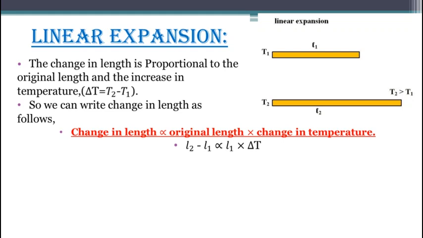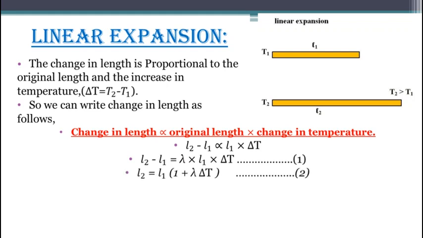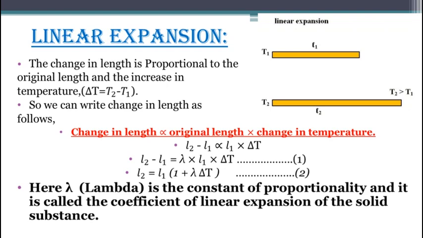It is L1, multiplied by change in temperature, that is delta T. So L2 minus L1 equals lambda multiplied by L1 multiplied by delta T, and L2 is equal to L1 times, if we take L1 as common, in bracket 1 plus lambda delta T. This is our final equation, and here lambda is the constant of proportionality and it is called the coefficient of linear expansion of solid substance.